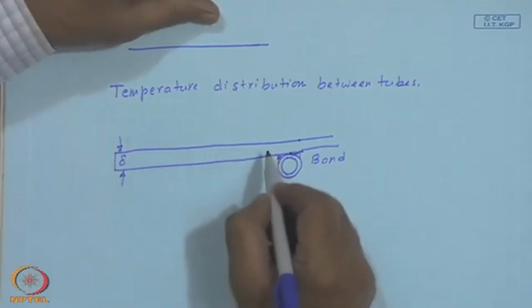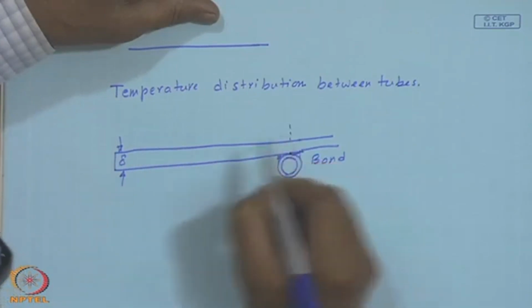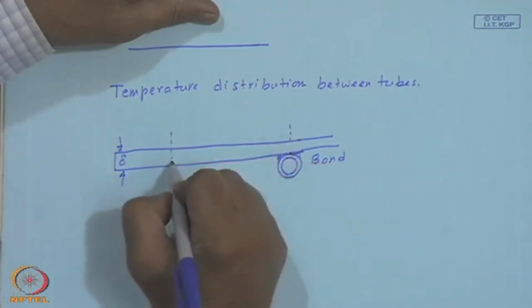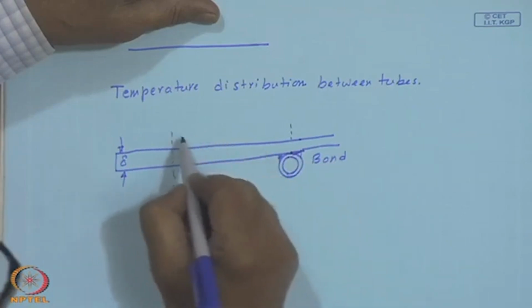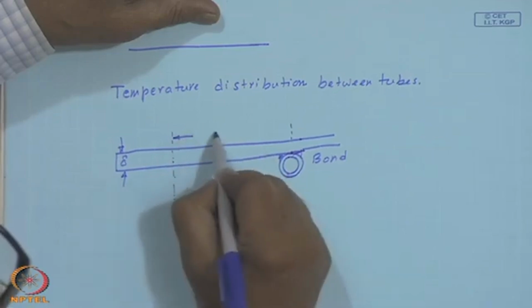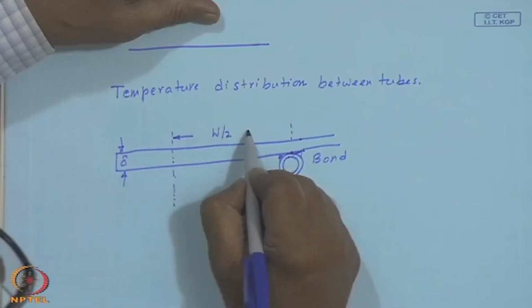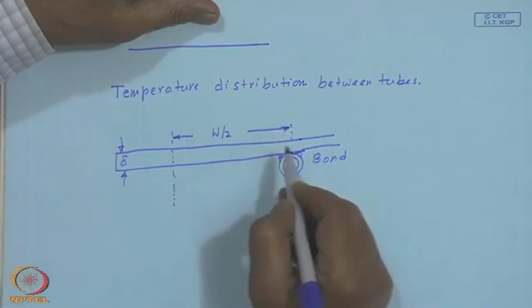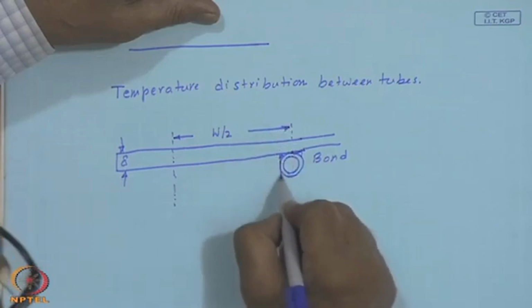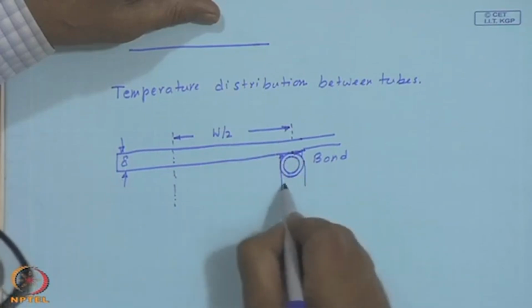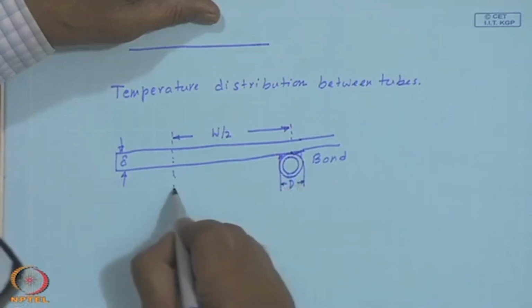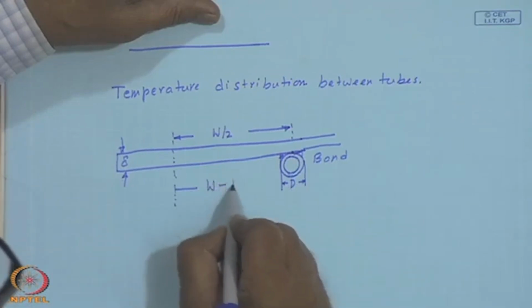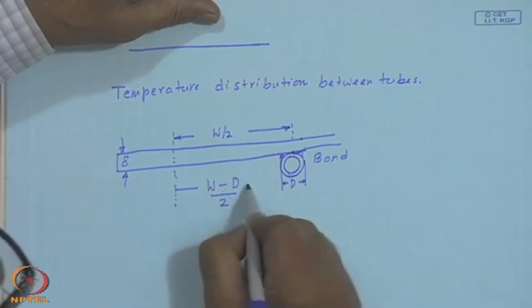If we take the center of the tube to the center of the sheet, half of it will be W by 2, and if this is a capital D, this will be W minus D by 2.